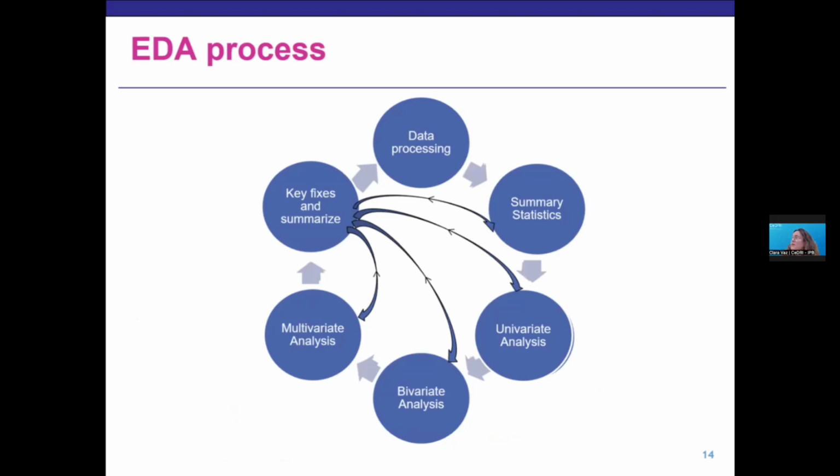So after we handle the problems with data, duplicates, problems with data types, problems with missings and outliers, we can apply directly the statistics, summarize the data, and also make some visualizations, right?